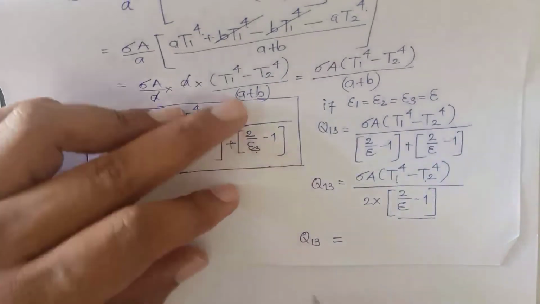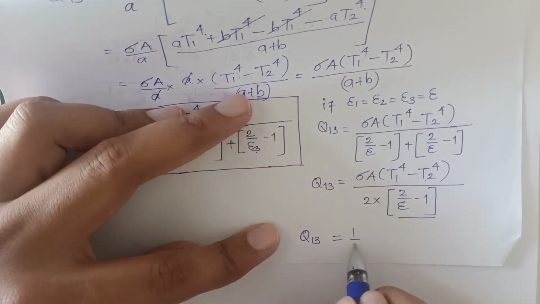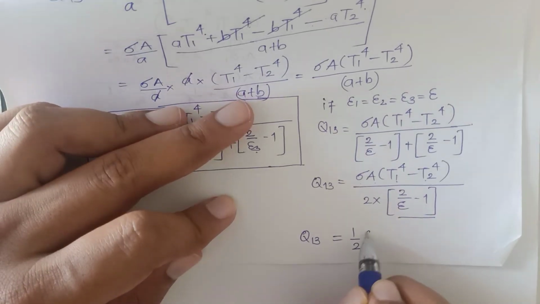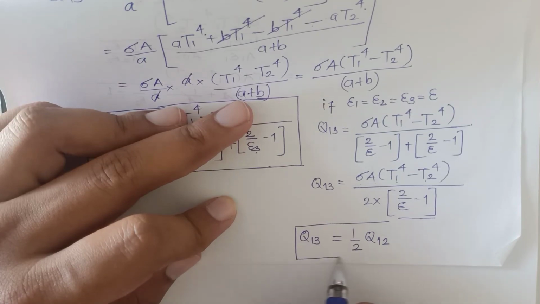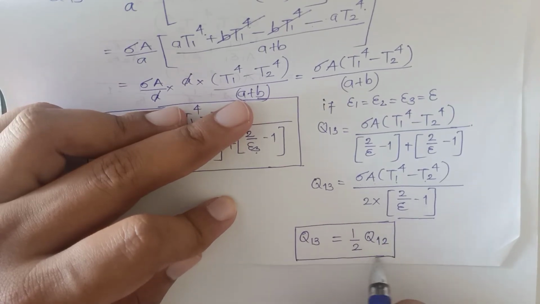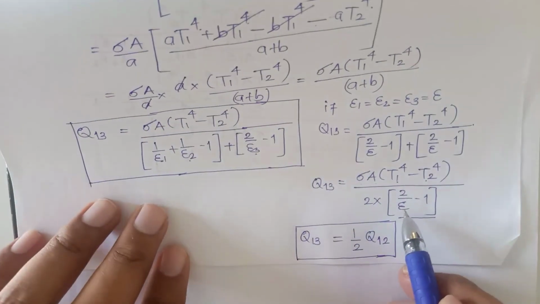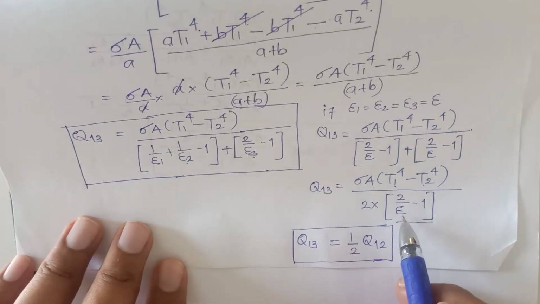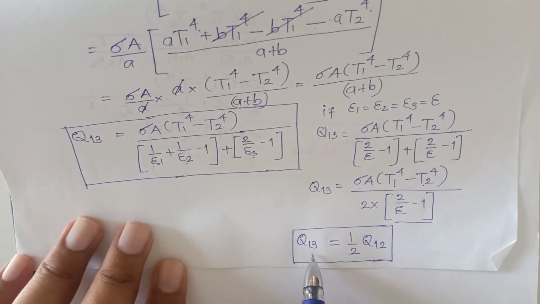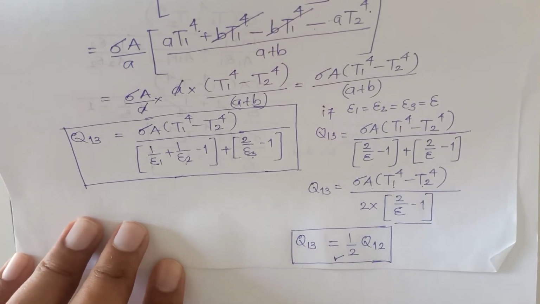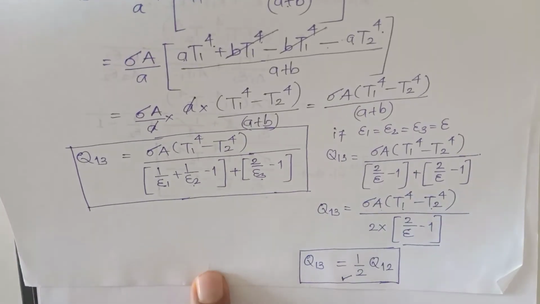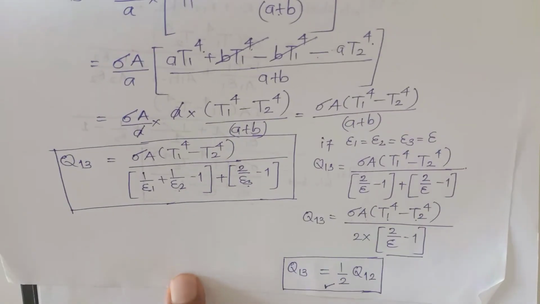So what we can write over here is it is equal to 1 by 2 of the heat transfer between surface 1 and 2. That is a very important understanding, that in an ideal case, if emissivities of all the three surfaces are equal, then because of insertion of the radiation shield, the heat transfer rate is actually reduced by half. Okay, so I hope this has been useful for you. Thank you.